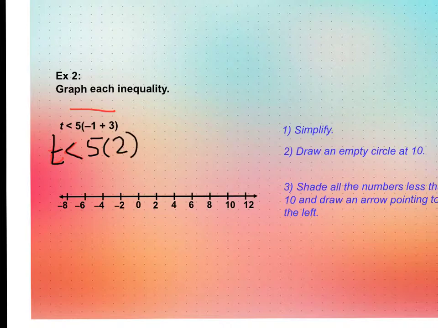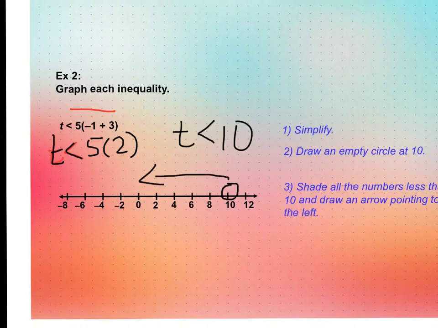And then we'll simplify that even further, so it's going to be t less than 10. Well, there's no bar underneath the inequality symbol, so I'm going to go to 10 and make it an open circle. And I need all values less than 10, which are going to be to the left again. You can again shade on the number line, or draw an arrow going above. Both ways are acceptable. Just make sure that you have that open circle.